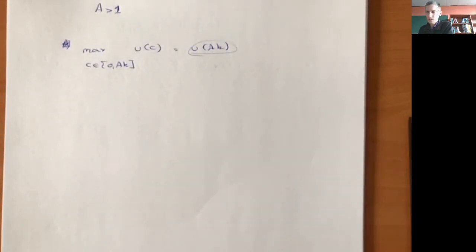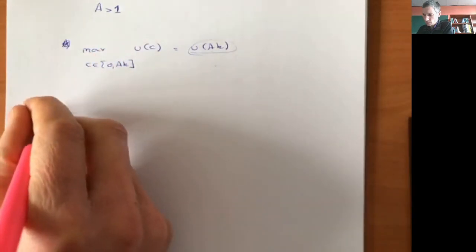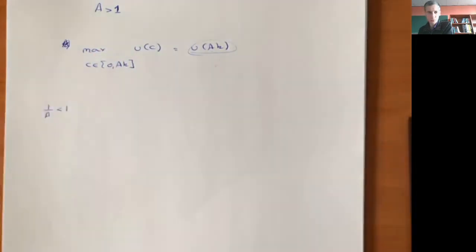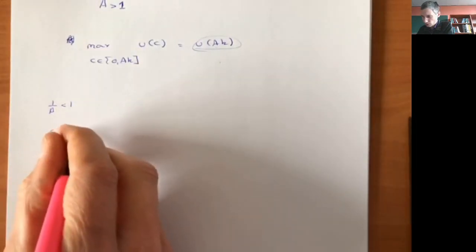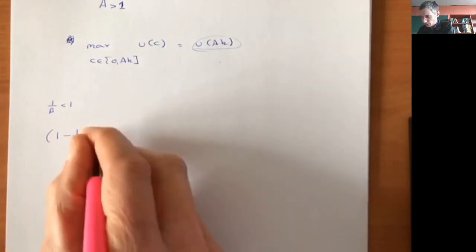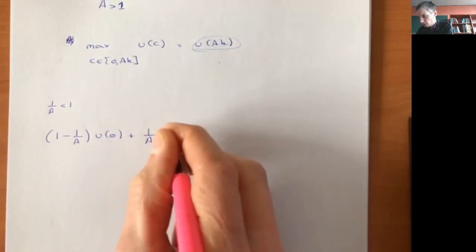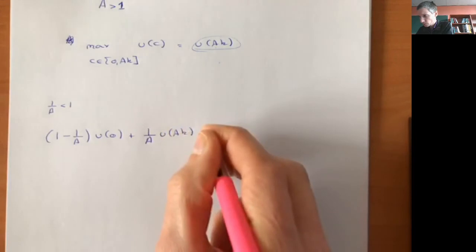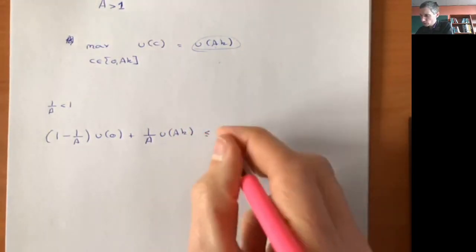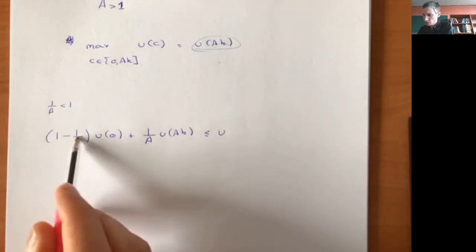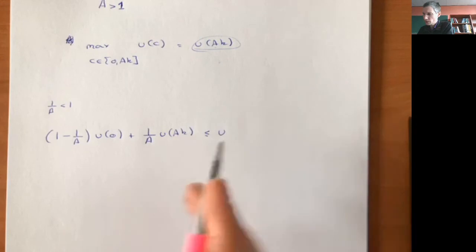Now we can use concavity of the function u. Because a is bigger than 1, we have that 1 over a is smaller than 1. So if you take the convex combination (1 minus 1 over a) of u(0) plus 1 over a of u(ak), because of concavity this is less or equal to u of the convex combination (1 minus 1 over a) of 0, which is 0, plus 1 over a times ak, which is k.